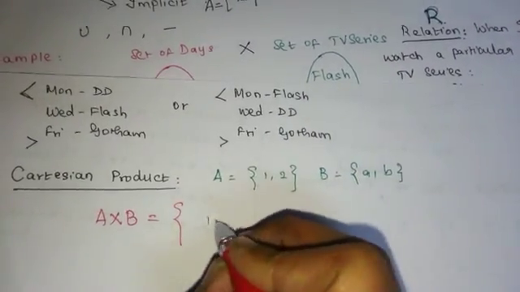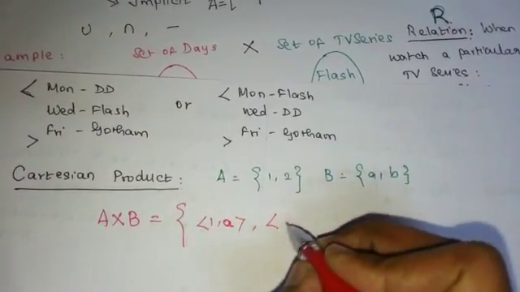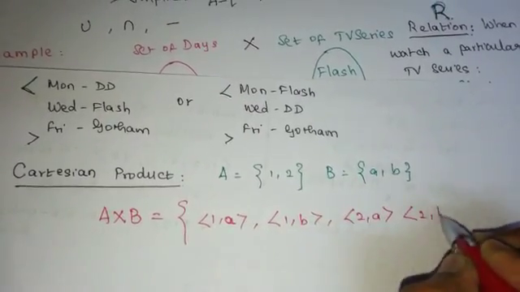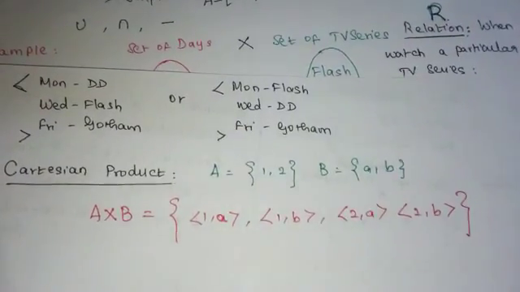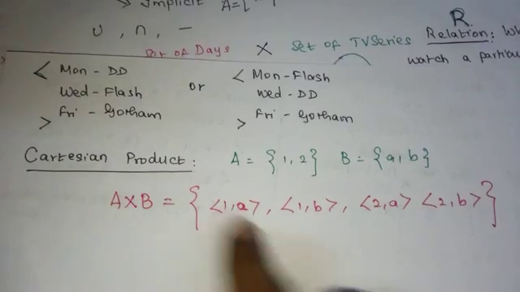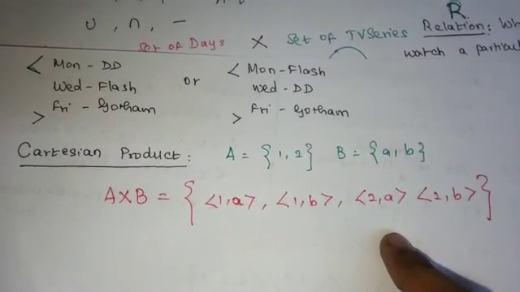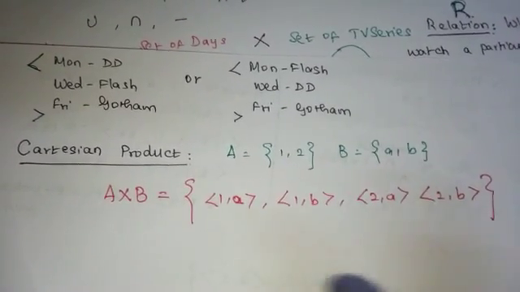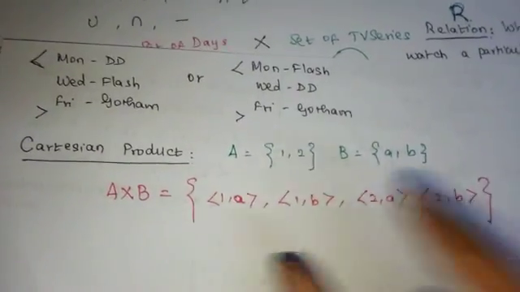For example, 1, A, 1, B, 2, A, 2, B. Now this set is called the Cartesian product A cross B. Once again you can see that this Cartesian product looks familiar. It looks like what you define as the combination, permutation, that kind of a concept, right? So it is similar but with a different twist.